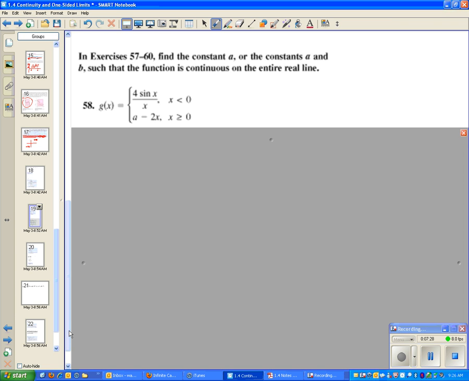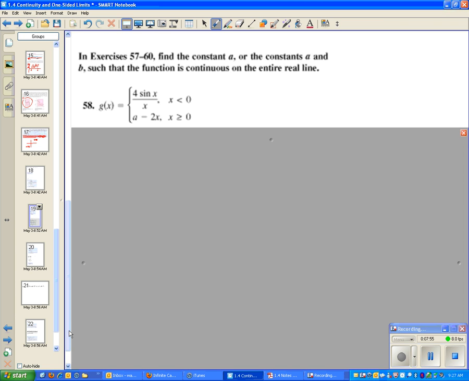So 58 is a piecewise defined function. One piece involves trigonometry: g of x equals 4 times the sine of x over x when x is less than 0. And the other piece is linear: g of x equals a minus 2x when x is greater than or equal to 0.